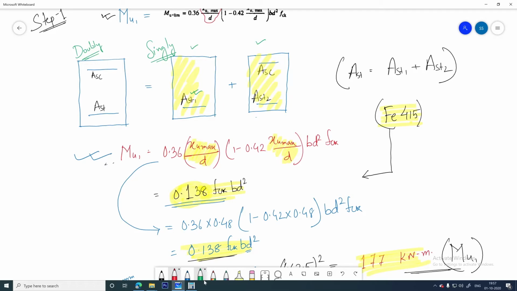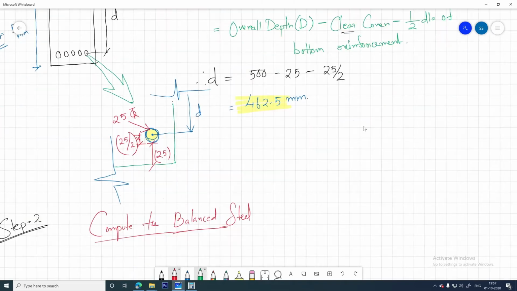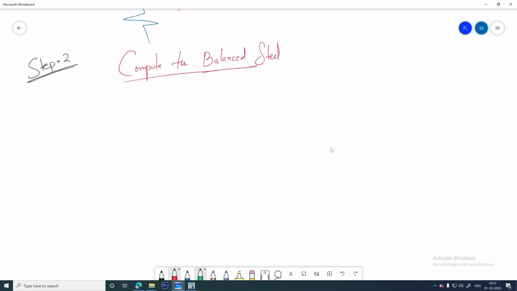Now how we can determine this AST1, that I am going to show you. For that you need to write that total compression is equal to total tension. Now what is total compression and what is total tension, that I have already shown in the singly reinforced beam section. In the singly reinforced beam section, what is the total compression value?